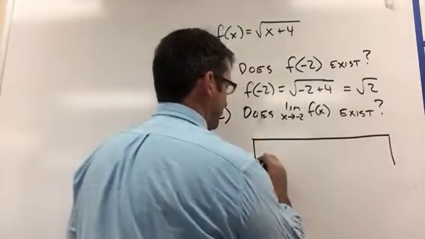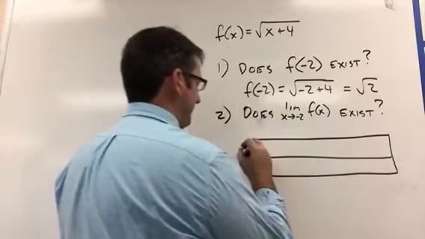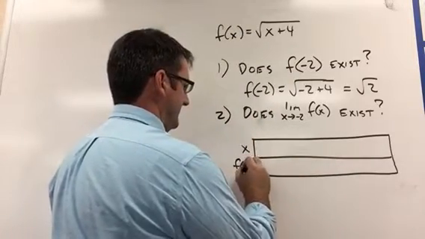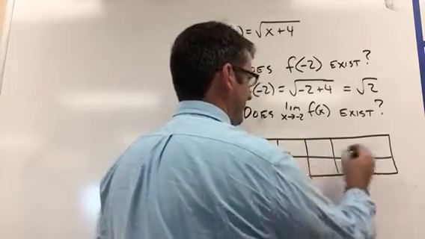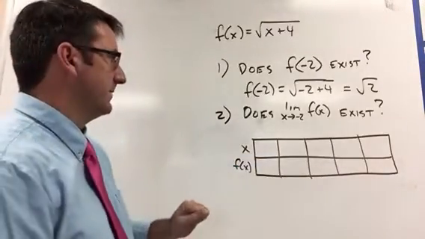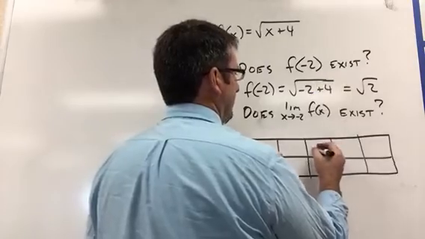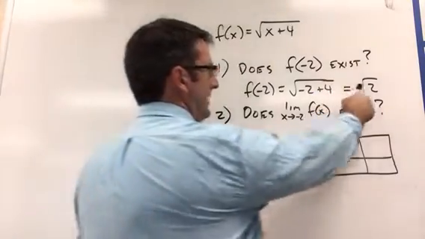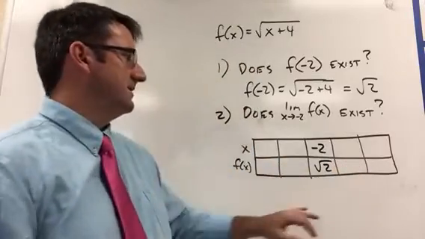So let's test some values here. So let's have x and f of x, and we want to split this up into a little table here. So we know right here at -2, this function is equal to the square root of 2.